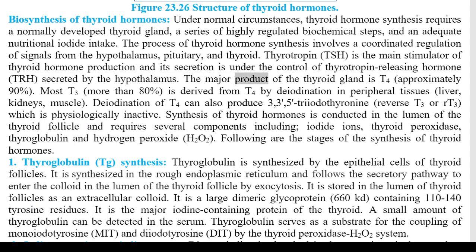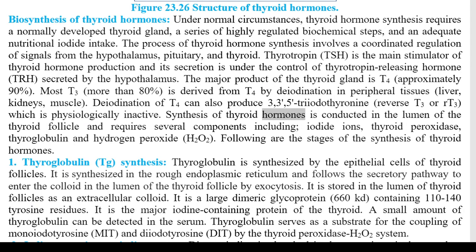The major product of the thyroid gland is T4, approximately 90%. Most T3, more than 80%, is derived from T4 by deiodination in peripheral tissues, liver, kidneys, muscle. Deiodination of T4 can also produce 3,3',5'-triiodothyronine, reverse T3 or rT3, which is physiologically inactive.